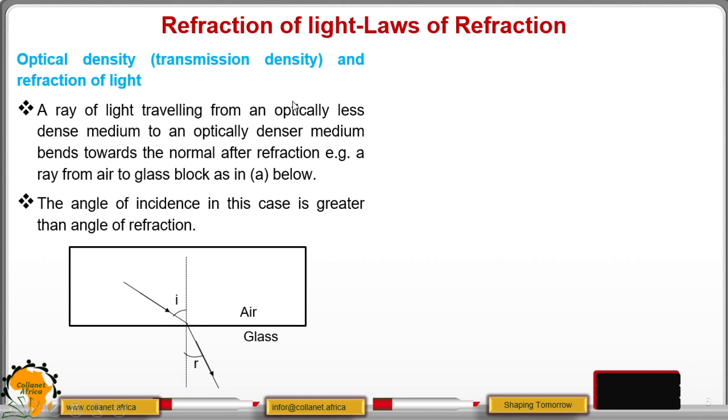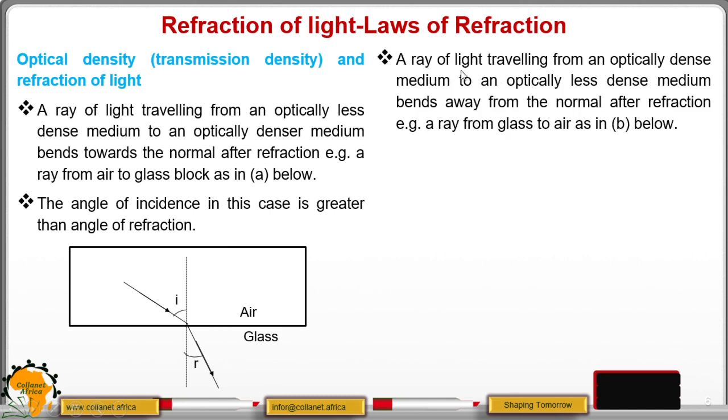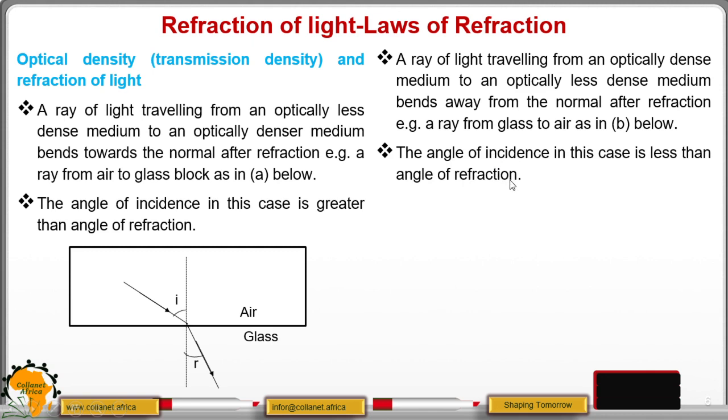Remember, air is optically less dense than glass. Glass is optically denser than air. So that way, the ray will be refracted towards the normal. But when a ray is traveling from an optically denser medium to an optically less dense medium, then the bend is always away from the normal, as shown in this diagram.